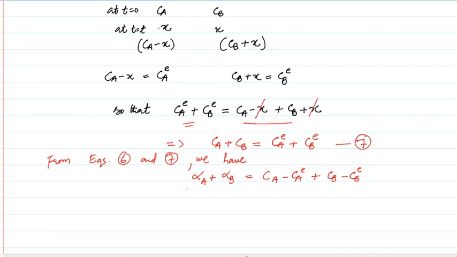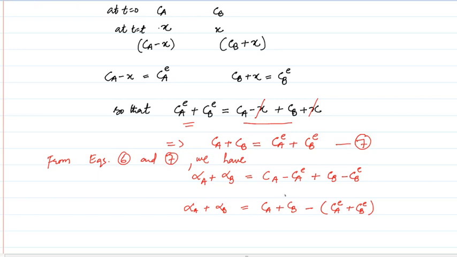So we can simply write this as, that means alpha A plus alpha B will be equal to Ca plus Cb minus Ca equilibrium plus Cb equilibrium. From this relation, that means equation 7, we know these two are equal.